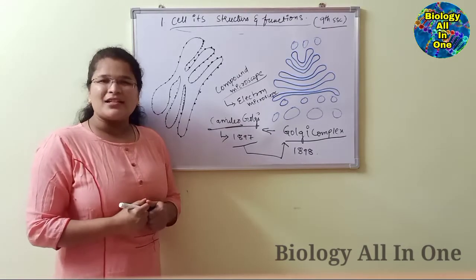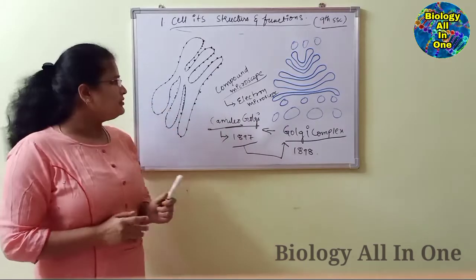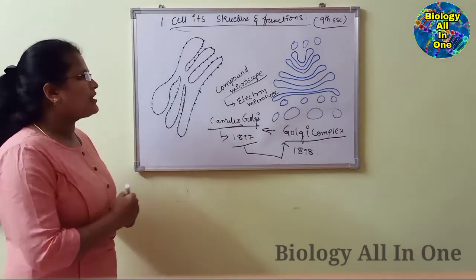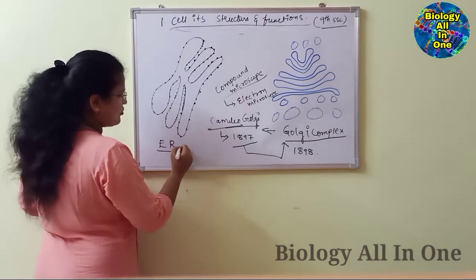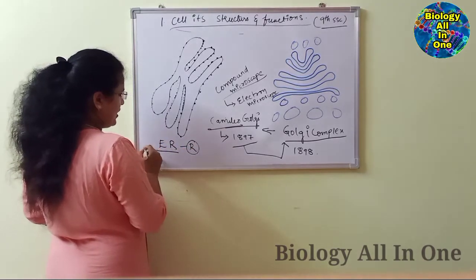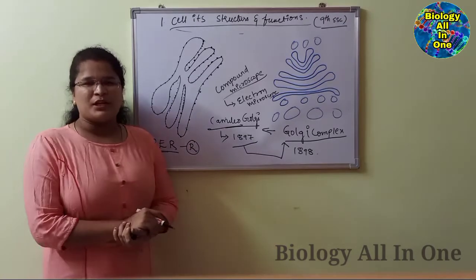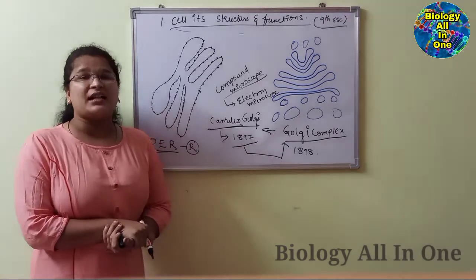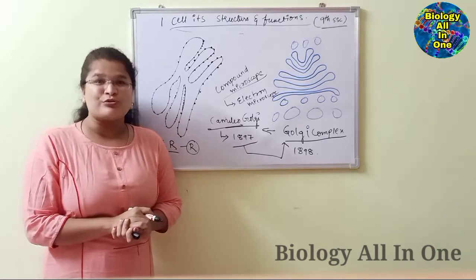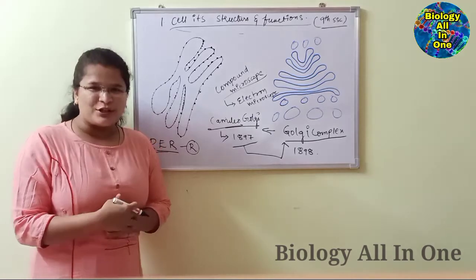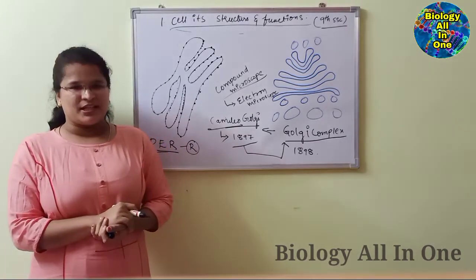Okay, now let us see what the function of the Golgi complex is. Here, I have already drawn the diagram of the endoplasmic reticulum. This is the rough endoplasmic reticulum, RER. We have already discussed in our earlier classes that the endoplasmic reticulum is divided into two types: smooth endoplasmic reticulum and rough endoplasmic reticulum.